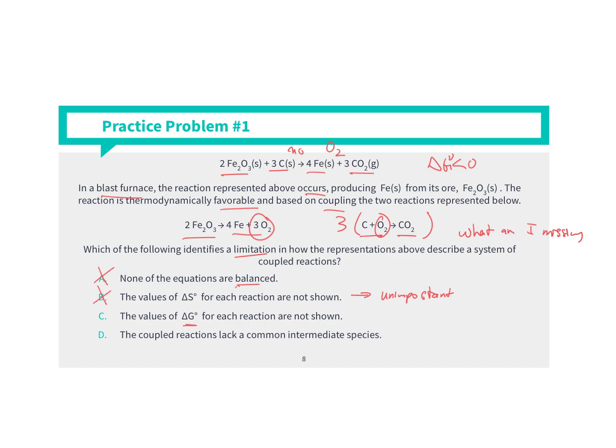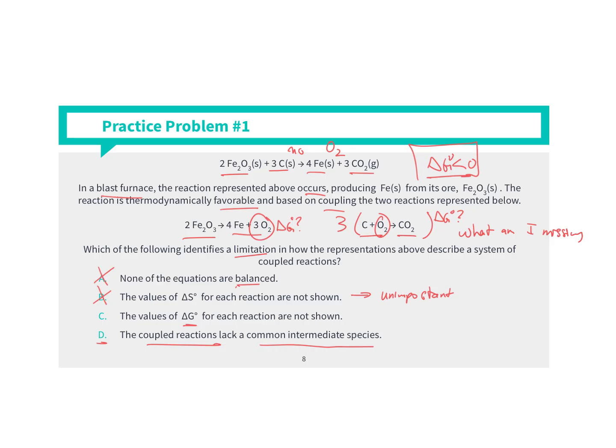C says the values of delta G for the reaction are not shown. We are told that it's thermodynamically favorable, so we know the entire thing is this, but we don't know delta G for these two, and so we're definitely missing that. And so D here, let's look at this one next to see if this is true or false, says the coupled reactions lack a common intermediate species.